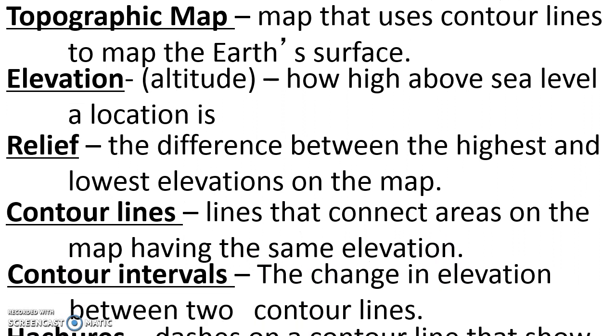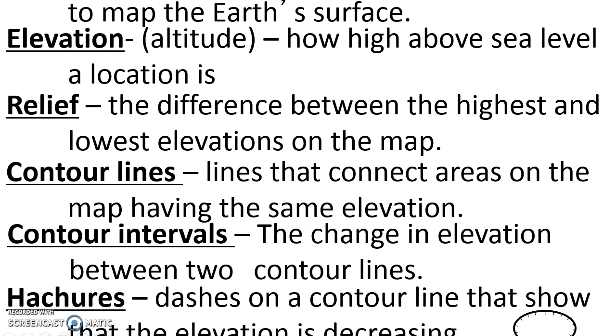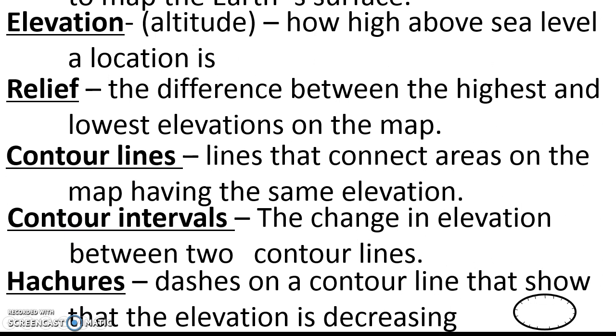The change in elevation between one line and the other is called the contour interval, and that's what we're showing there. The one had, I believe, 20 feet between them. Hachures are dashes on a line that point inside. We'll talk more about those in just a second.